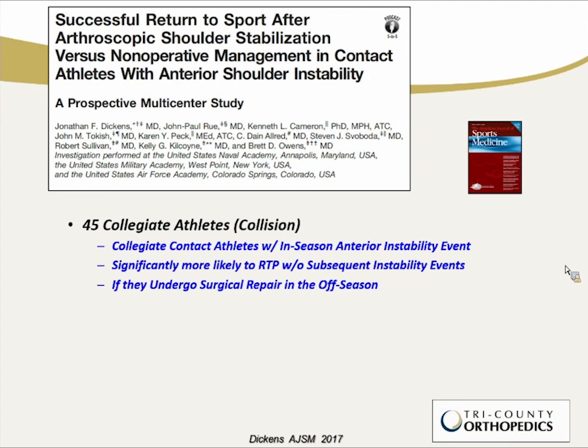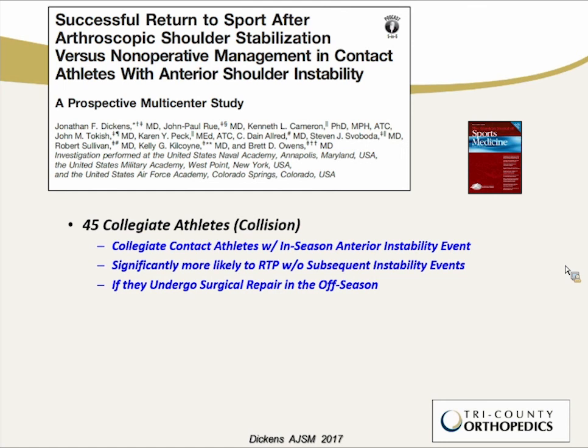The same authors again looked at the same group. Those that didn't finish the first season had surgery and went back for the second season, and those that were able to finish the first season didn't have surgery in the off season and went back again, still not having surgery, and then they compared the two and how they did their second season back.